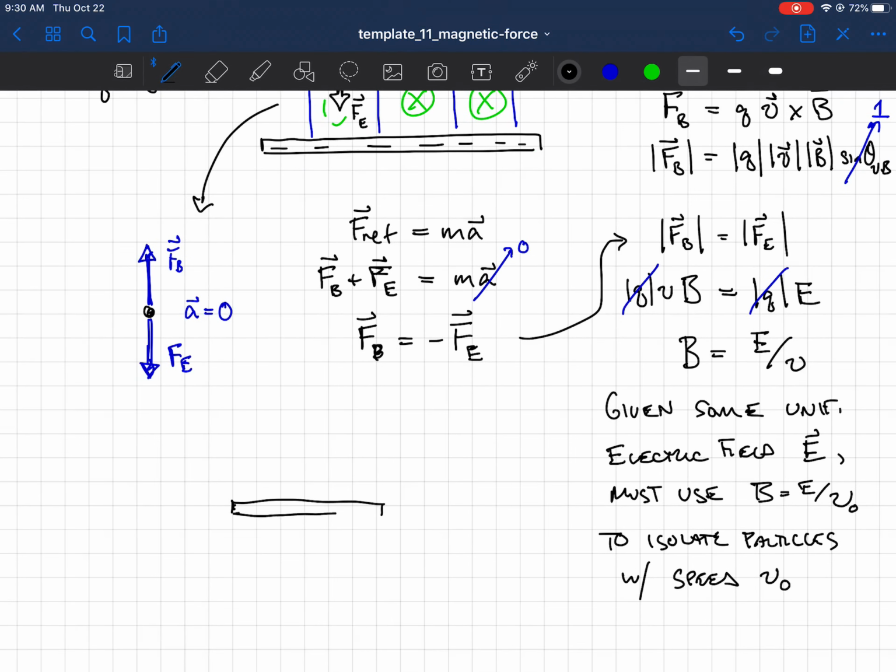Well, let's draw a little picture of it. Here's our positive plate and our negative plate. Here's our electric field coming down. Here's our magnetic field going into the page.